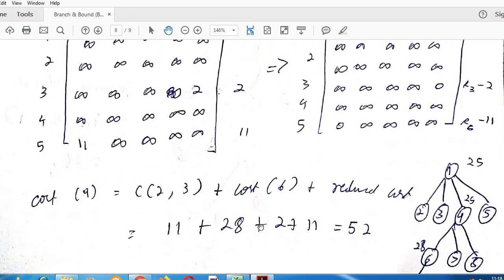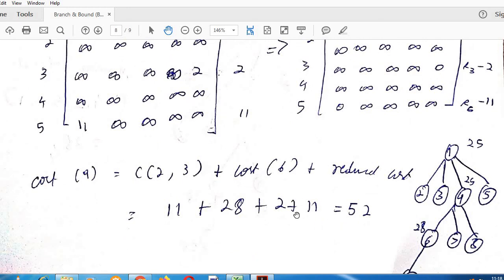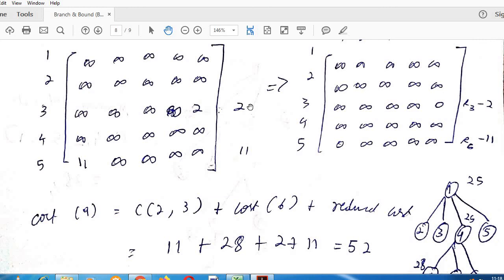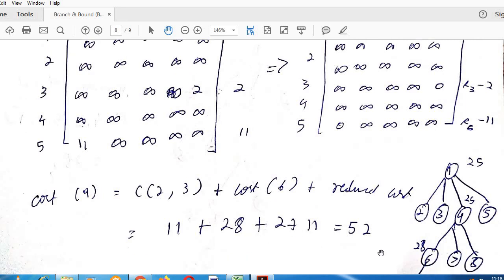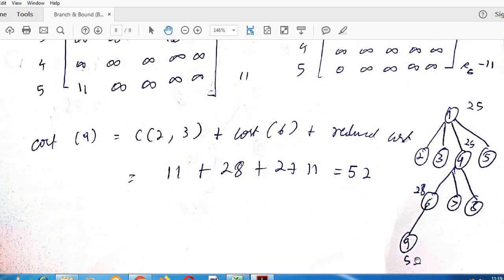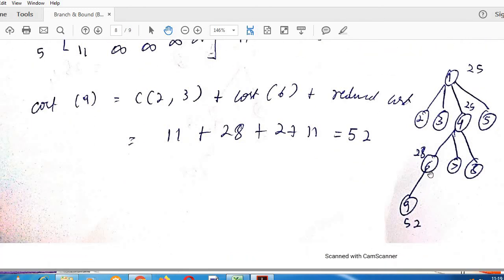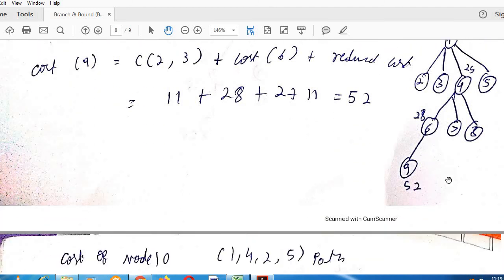That I will write down here. Then the cost of node 6 is 28, and the reduced cost is the addition of minimum values, that is 2 plus 11. So the total value will be 52. That will be assigned to the cost of node 9. Then I have to find out the cost for node 10.